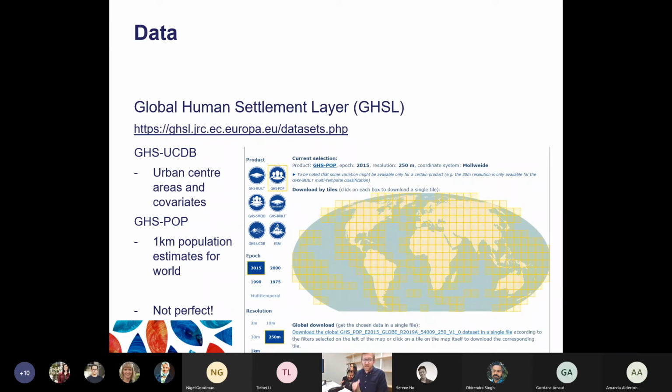We are using the latest epoch there. And there was a revision of these last year or the year before, and so it's the latest revision that we used here. So it's a modeled data set but using population data and satellite imagery to determine built-up areas, and they model the apparent urban centres for a number of cities.